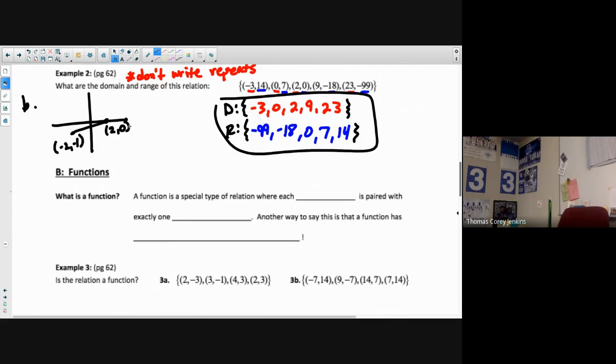Okay, so for this, you can't just write out a set of numbers. There's actually an infinite domain and an infinite range for this. So a little bit trickier, like I said. For the domain, remember, I'm thinking x values, right? So my smallest x value is -2. My biggest is +2.